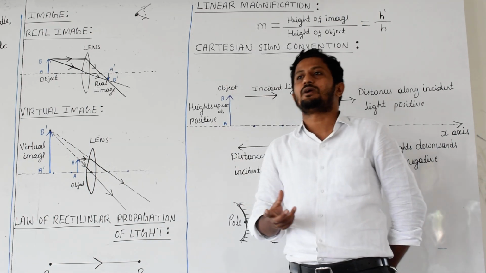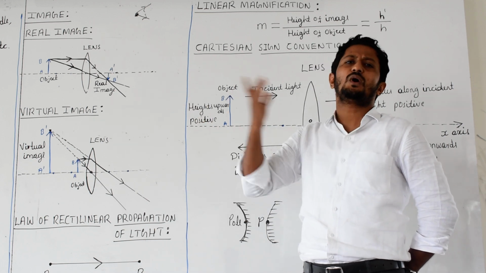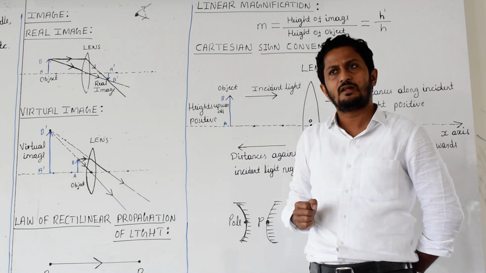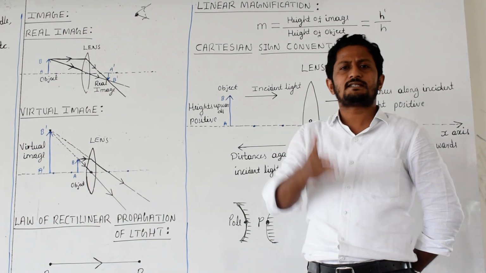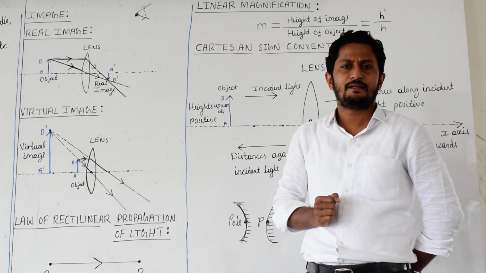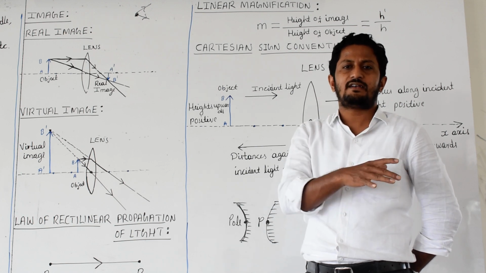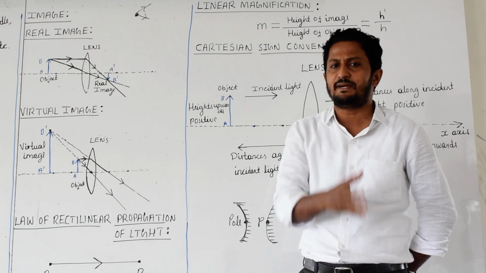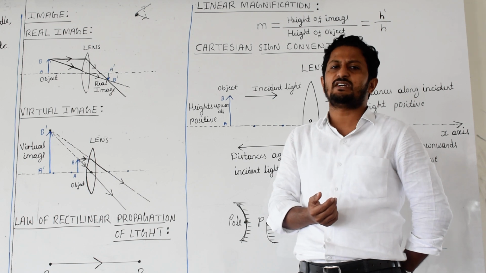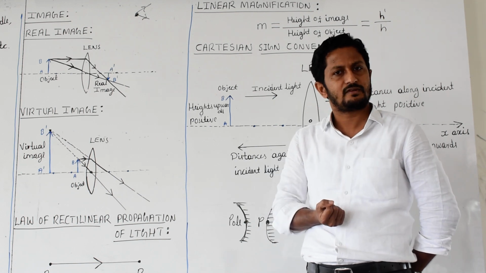I mean, here we are going to get the images of objects. Object means it has its own dimension, its own size. After that, we get its image, and that image also has its own dimension.